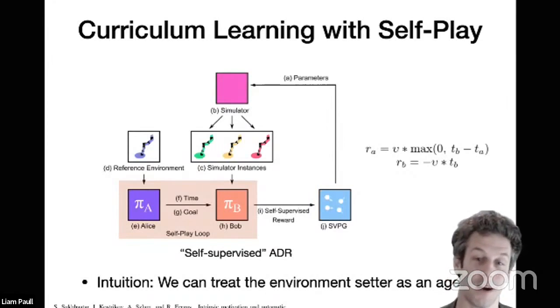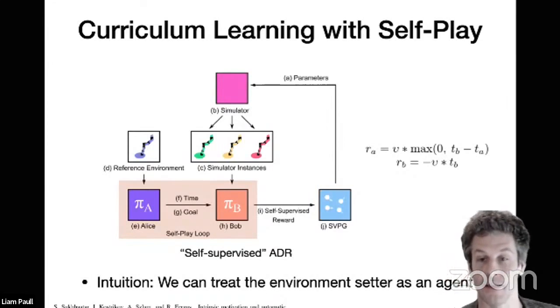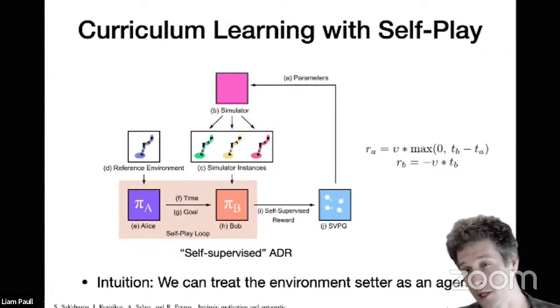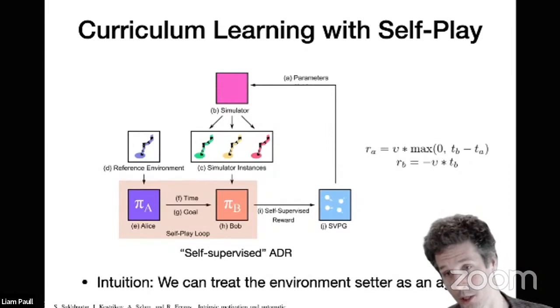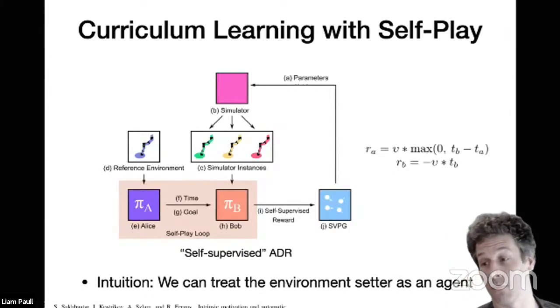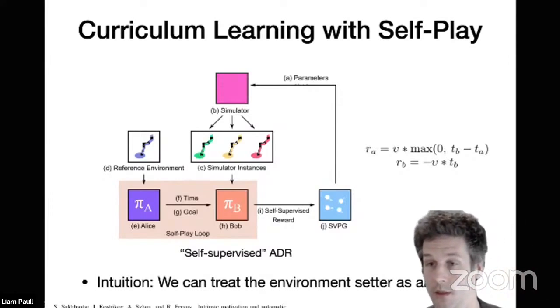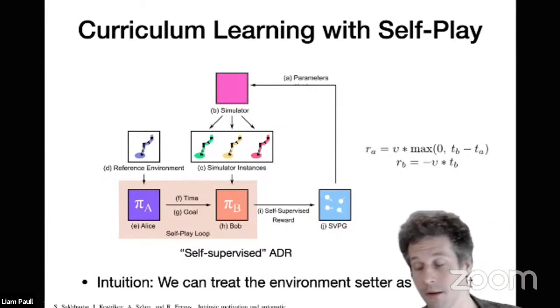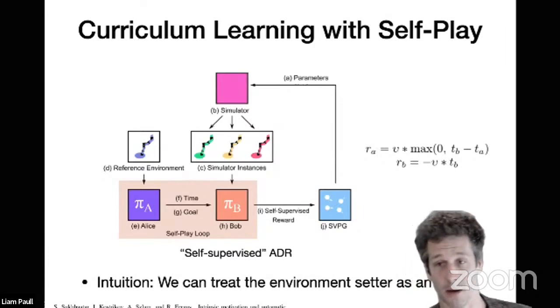Here we have the environment setter Alice, and the learner agent Bob. The reward functions that guide these two agents are shown on the right. RA is Alice's and RB is Bob's. Alice is incentivized to find tasks that she can solve really quickly, but that take Bob a long time to solve. And Bob is incentivized to just solve tasks as fast as he possibly can.